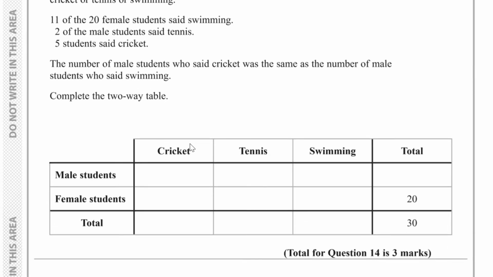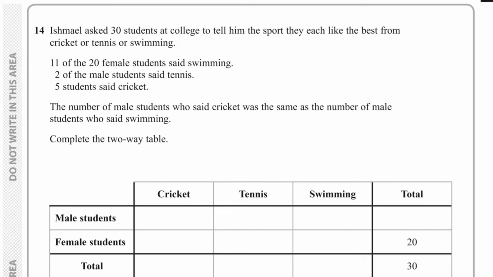So for this question, you can see here we've got 30 students in total, that's shown here, and you'll also notice in total there are 20 female students, and 11 of those 20 said swimming. So swimming female, you can see here, that is 11, so we'll add the 11 over here.